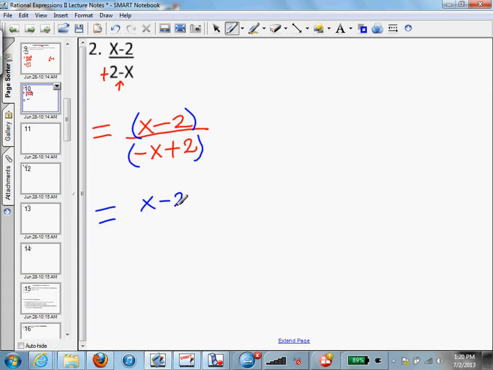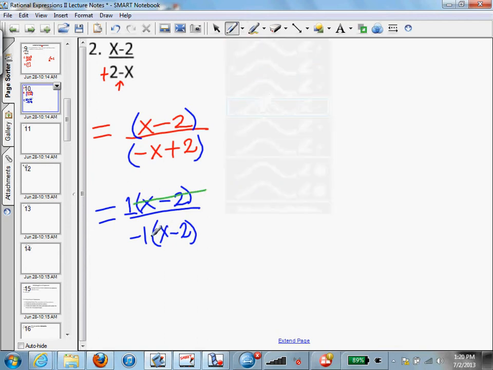So on top we have the x minus 2. And on bottom, if we pull out the negative 1, it's going to turn this negative to a positive, so it's going to make that a positive x. It's going to turn this positive into a negative, leaving you with negative 2. Well, if you look, we can say there's just the 1 in front of this, because we'd just be multiplying it by 1, meaning we still get whatever we have in the original.